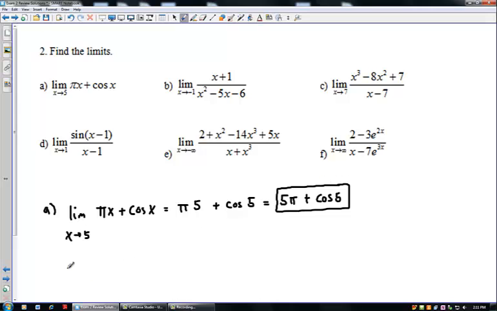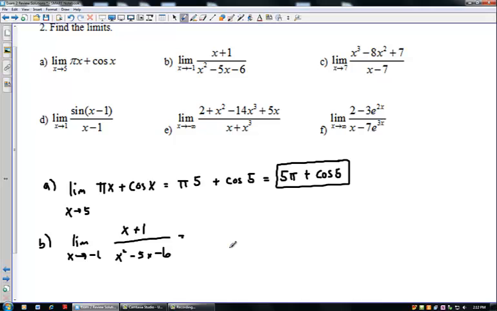The next one we're going to do, part B, we're going to take the limit as x goes to -1 of x plus 1 over x squared minus 5x minus 6. And the first idea is to simply plug in the limit. So plug in -1, and I'm going to get -1 plus 1 on top, and then I'm going to get -1 squared minus 5 times -1 minus 6.